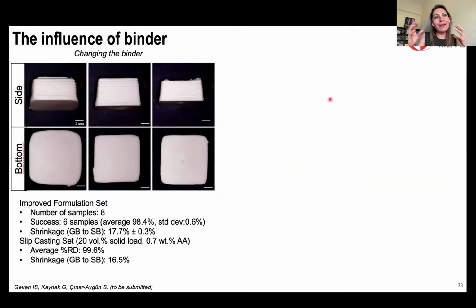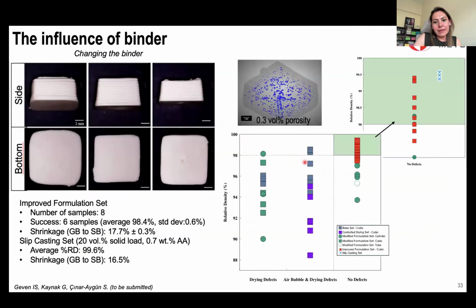But there were a lot of additives: dispersant, bubble remover, binder, and so on. So we changed the binder, but unfortunately I cannot disclose its name right now. By changing the binder, removing the bubble removers, and simplifying the formulation, we solved all of those issues. The samples that we obtained had a relative density of up to 99.5%.